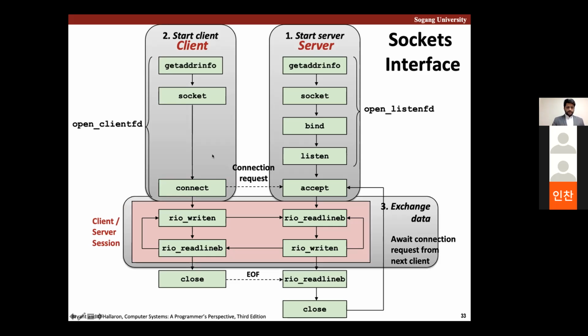Once the connection is accepted by the server, the client-server session starts and they can exchange data in the third step. Meanwhile, while they are exchanging data, the server is also waiting for new connection requests from other clients, so that multiple other clients can connect to the server and it can accept more requests.